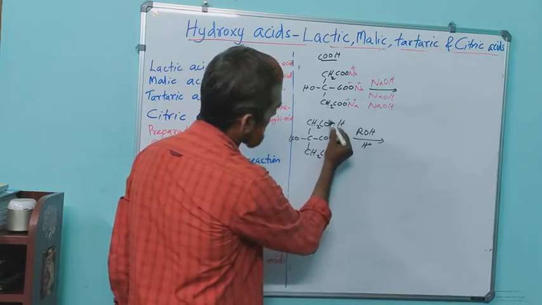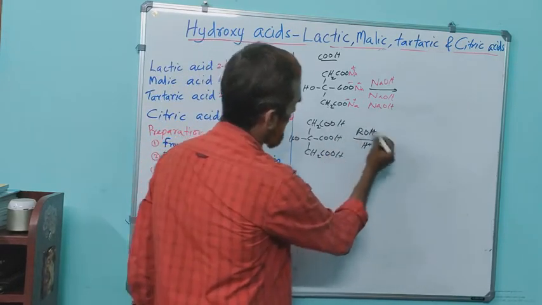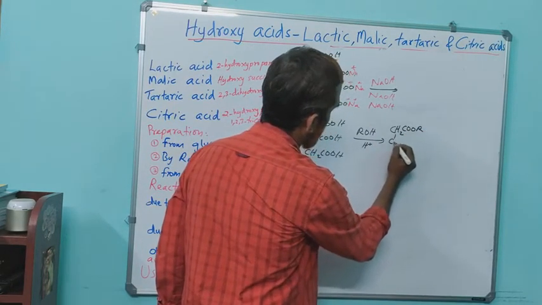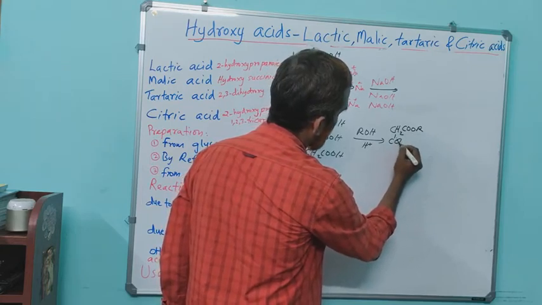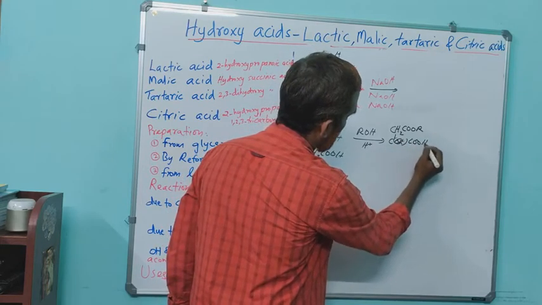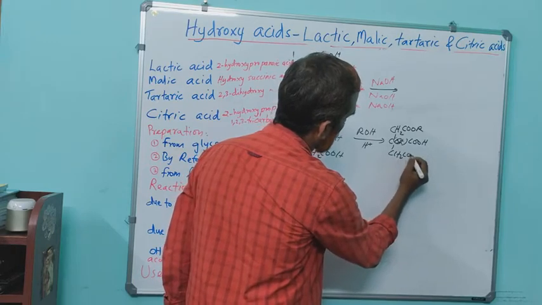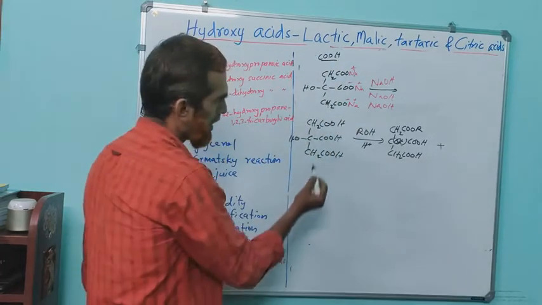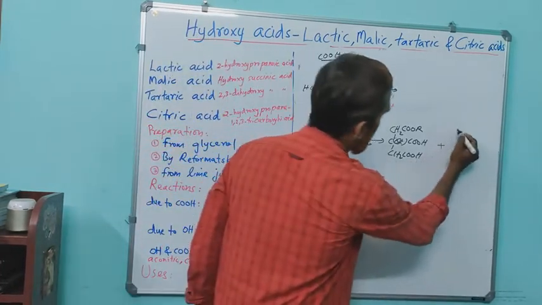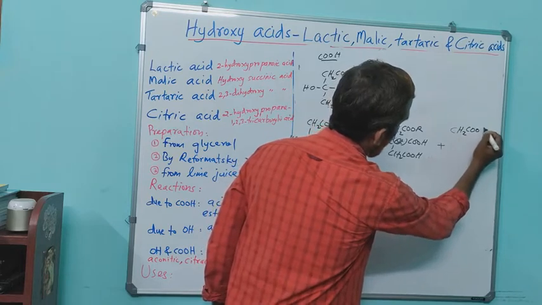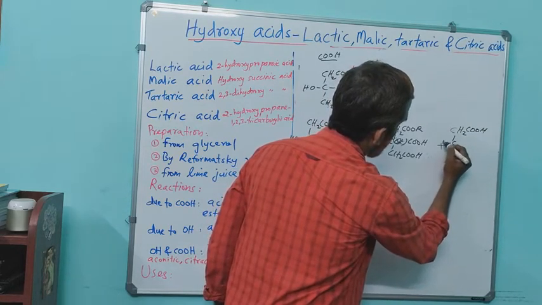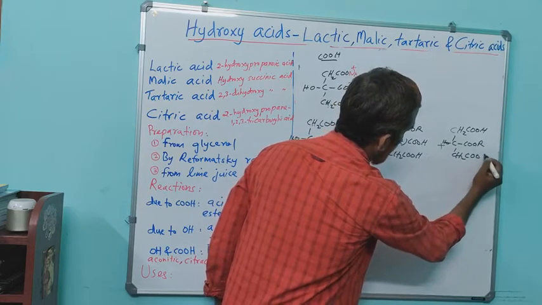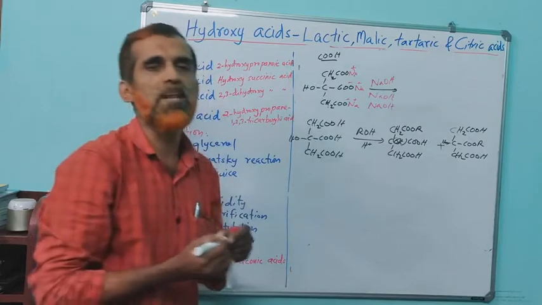So one will be replacing this, reacting with this COOH, alcohol can form the ester, that is CH2COOR, COOH, CH2COOH. And the next one is, if this is reacting, then the ester is CH2COOH, COOR and CH2COOH. So there are two isomeric products.